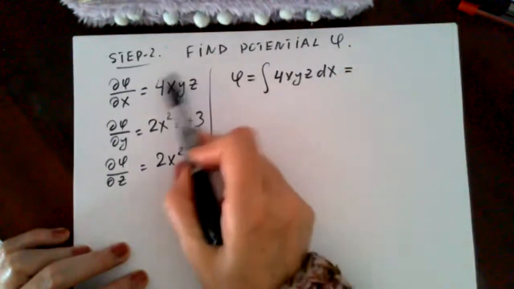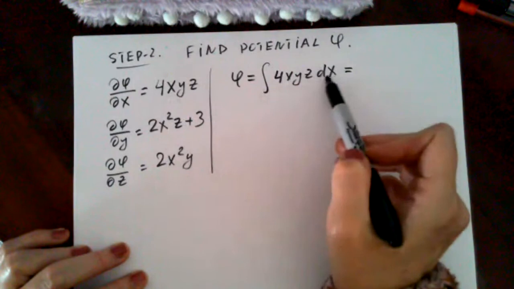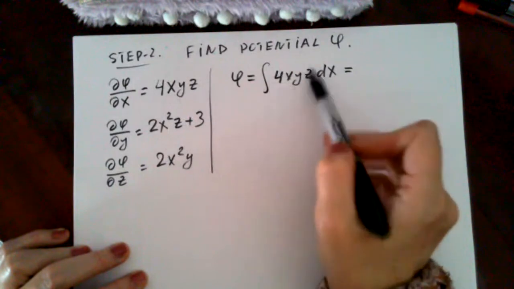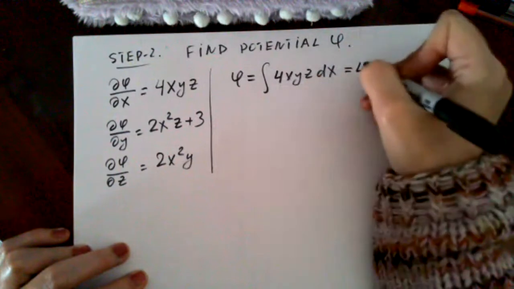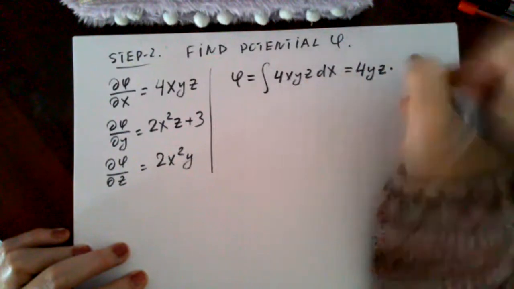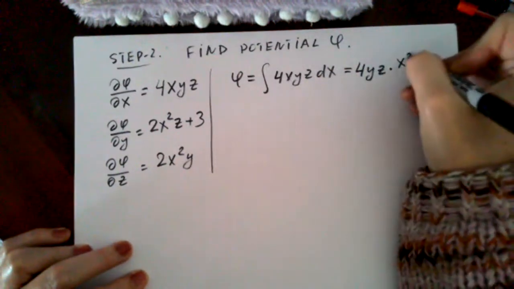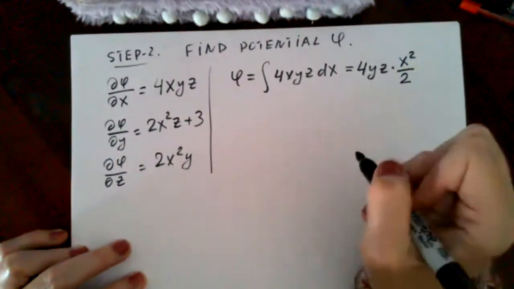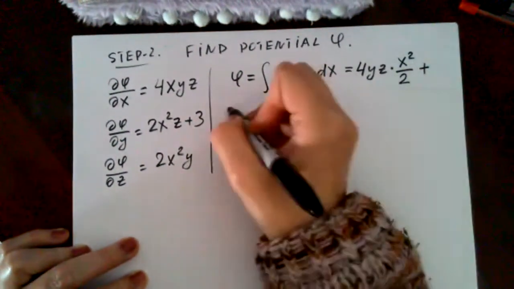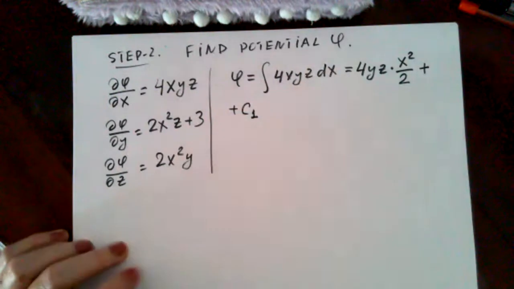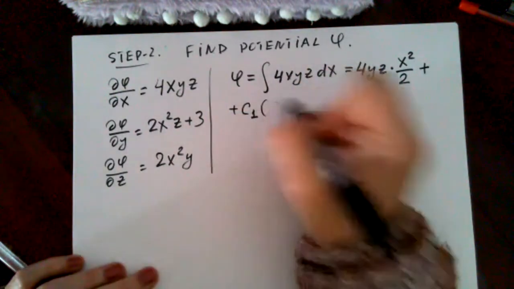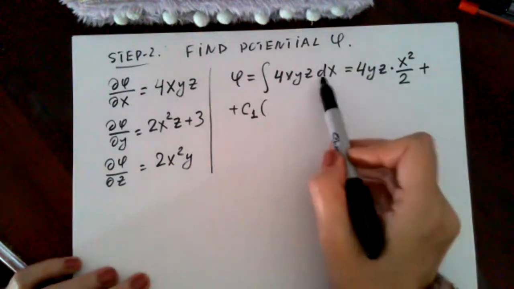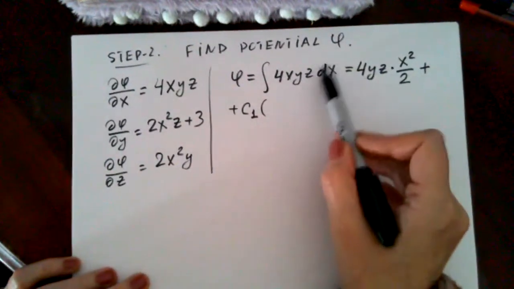So we need to integrate this expression with respect to x. In this case, all the remaining variables except for x turn into constants. And that is why we have 4yz like a coefficient. And the antiderivative will be x squared divided by 2. But the interesting thing is that we need to remember about this constant of integration, which is not constant in our case. It's a function depending on which variable. You just integrate it with respect to x.